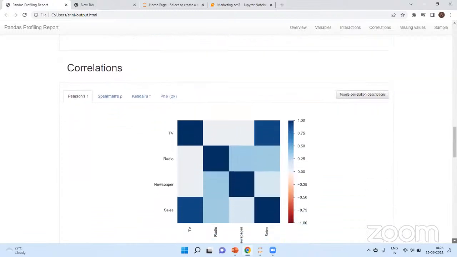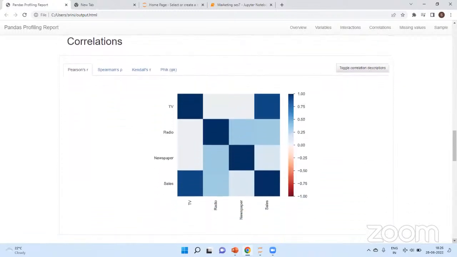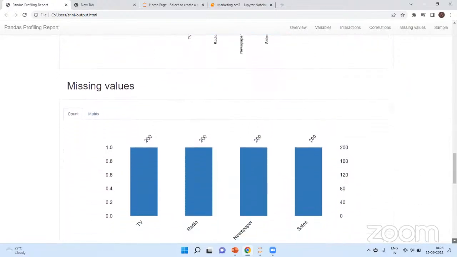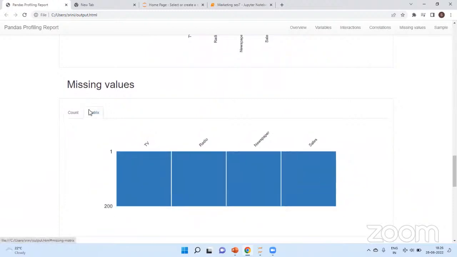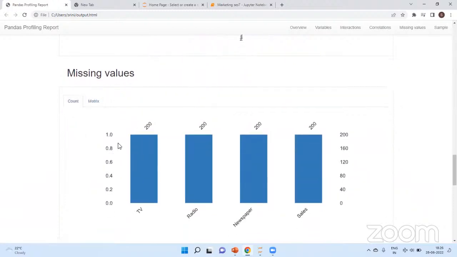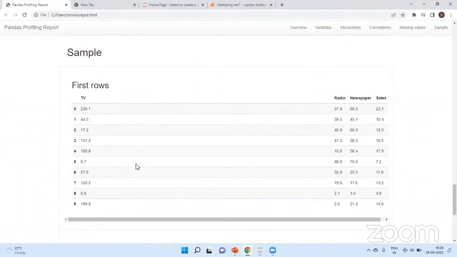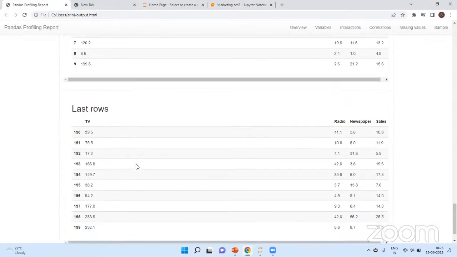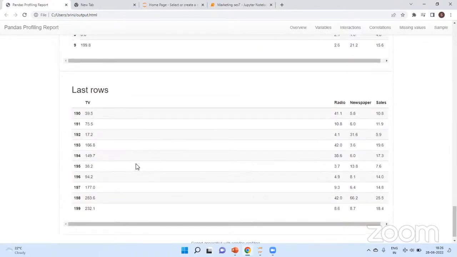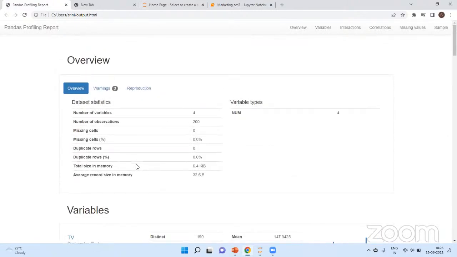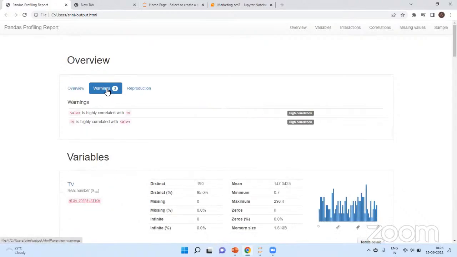Correlations, missing values. And here you can see a warning: sales is highly correlated with TV.